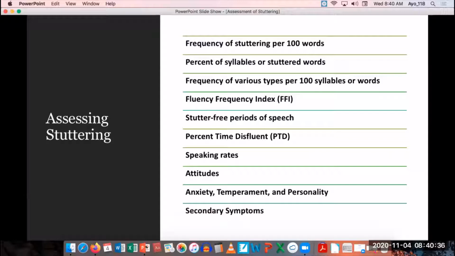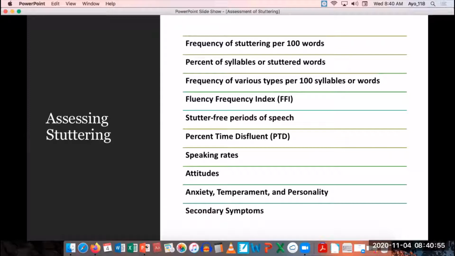So when you look at someone who is disfluent, or a person who stutters, you might assess them based on the frequency of their stuttering per 100 words. Now, the key here to remember is that this is not a percentage. This number that you receive from this is not a percentage.